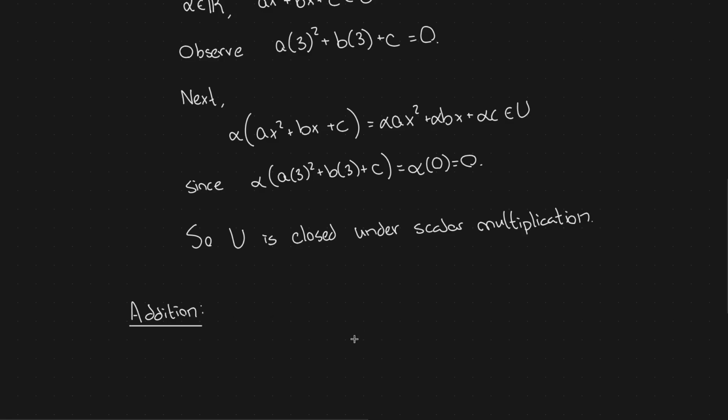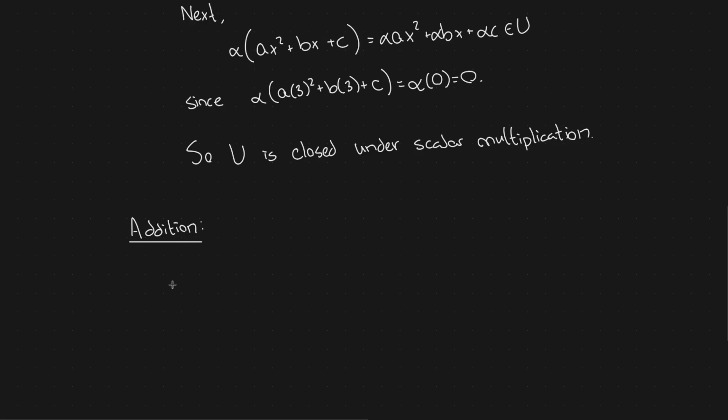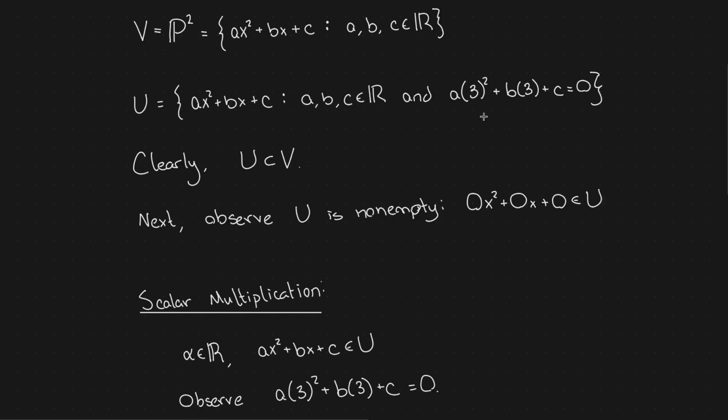So for this, I'm going to need two potentially different polynomials in U. So let's go a1x squared plus b1x plus c1 and a2x squared plus b2x plus c2 in U. Now, both of these polynomials are in U, and remember the condition. If you're in set U and you plug in 3, you're going to get 0. That's a requirement to be in set U.